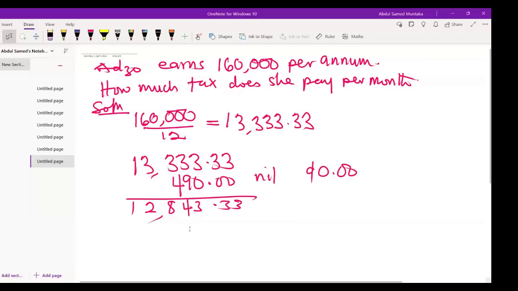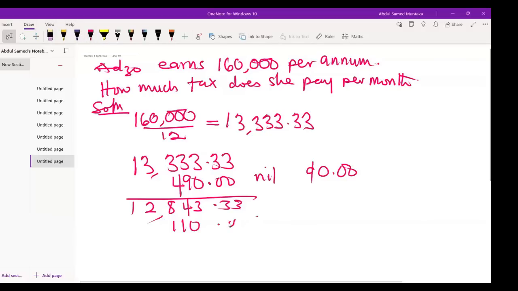The next schedule is what? 110. So the next 110 should pay 5%. Don't forget the decimals. Otherwise, it will make your answer wrong if it is there.